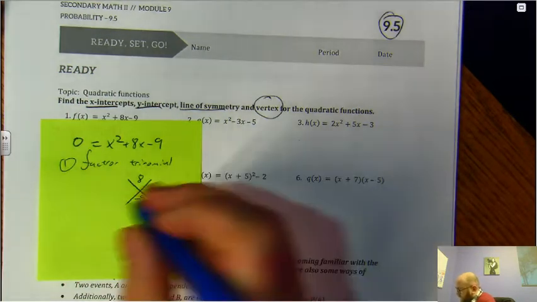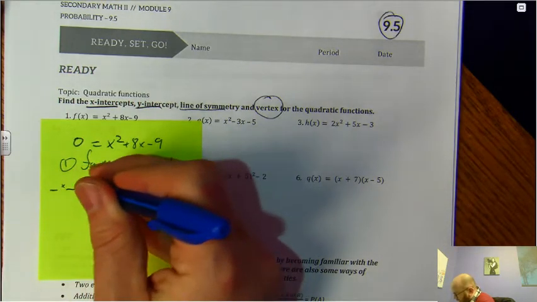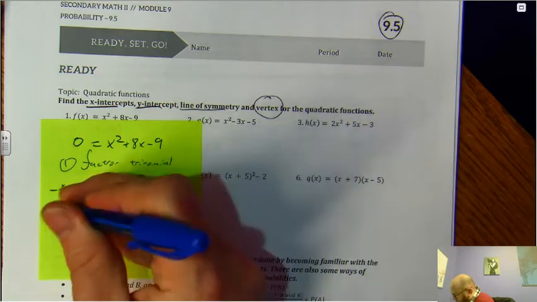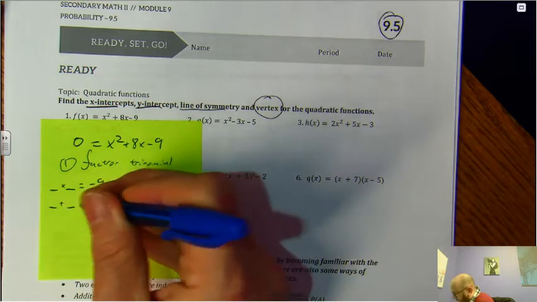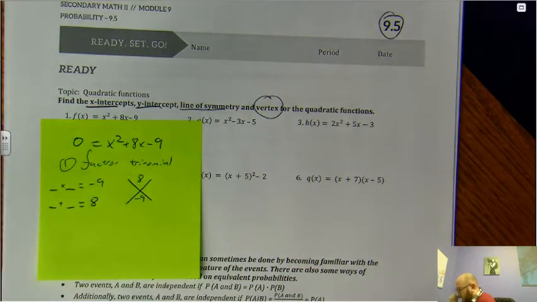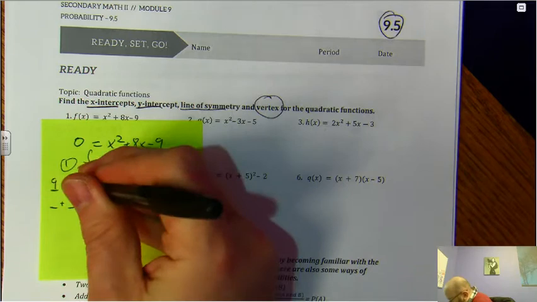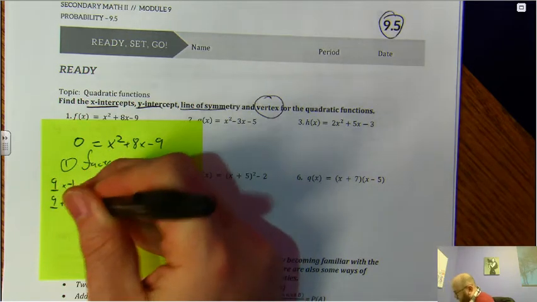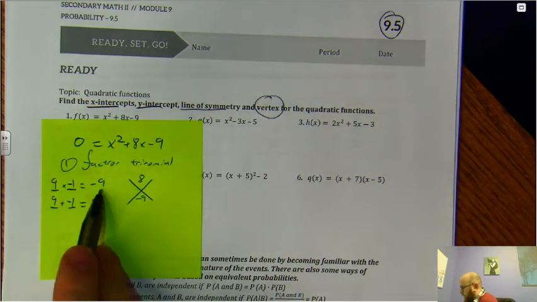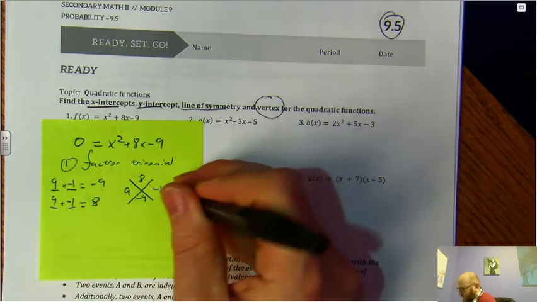Those same 2 numbers, when we add them, equal 8. And so the numbers that make that true are going to be 9 and negative 1, right? Because 9 times negative 1 would be negative 9, and 9 plus negative 1 would be 8. So 9, negative 1. Sweet.